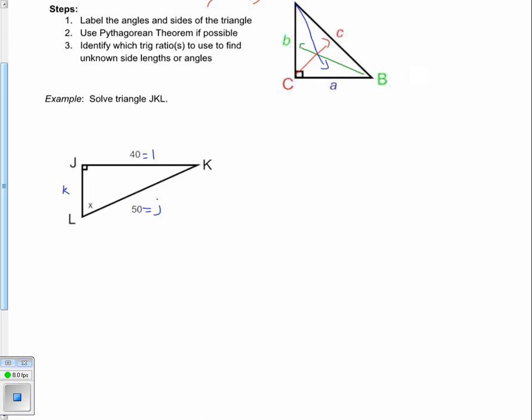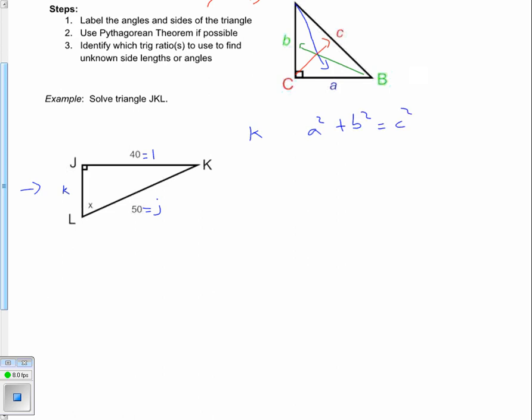Okay, so first thing that we want to do is we want to see, can we use the Pythagorean theorem if possible? And in this first case, we can figure out the length of K, side K, this piece right here, by using the Pythagorean theorem, because we actually have the length of two of the three sides in a right angle triangle. So again, you'll remember that the Pythagorean theorem formula is a squared plus b squared is equal to c squared.